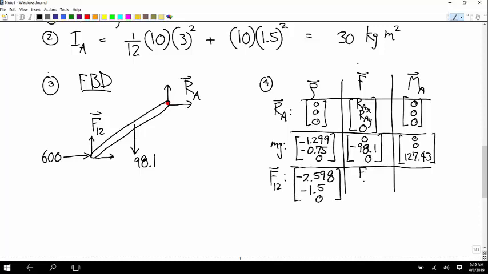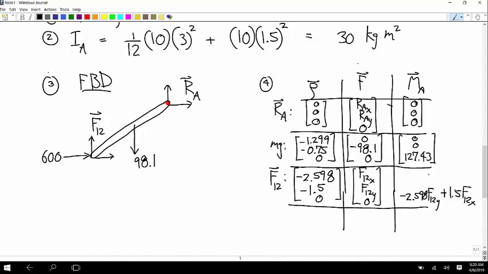The force vector is F12x, F12y, 0. And what's the cross product there? Negative 2.598 F12y plus 1.5 F12x, and 0 for x, 0 for y.